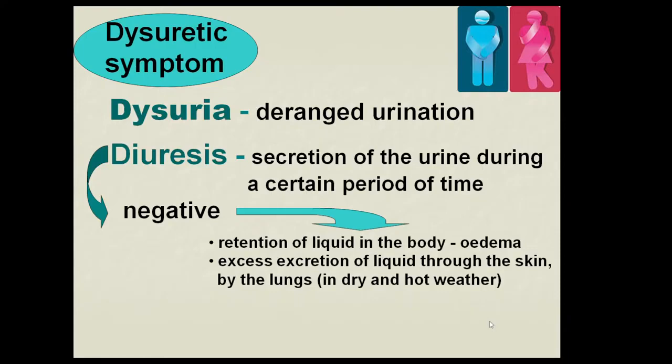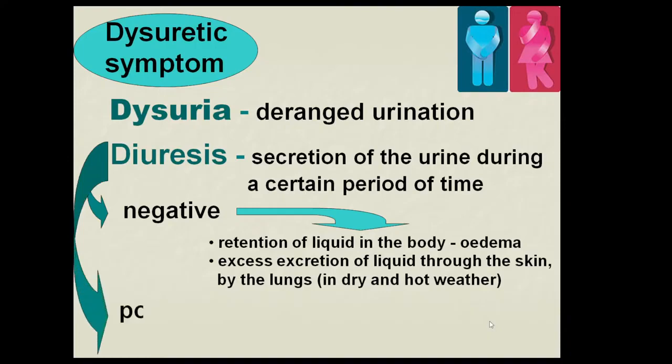It indicates that liquid holds inside the body and we must look for edema. Or negative diuresis may be the result of liquid being removed another way. For example, severe sweating, if the patient is a long time in a dry room. It is characteristic for the period of hot weather. It may be the result of repeated vomiting or profuse diarrhea.